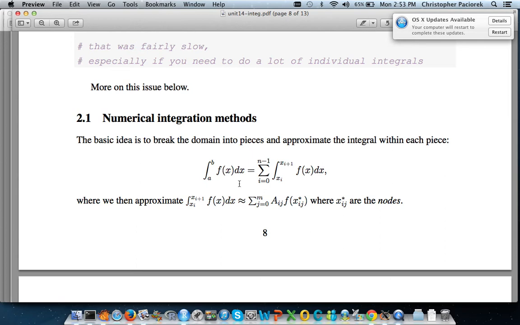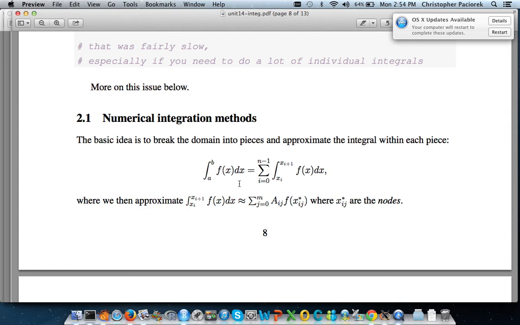Suppose I have some function that looks like this between a and b. If I choose a grid spacing h, so suppose I choose a grid spacing like this, sorry, this was supposed to be equally spaced, well, now my task reduces down to how do I approximate the integral of this curve over this small region, how do I do it over this region, and then add those pieces together.